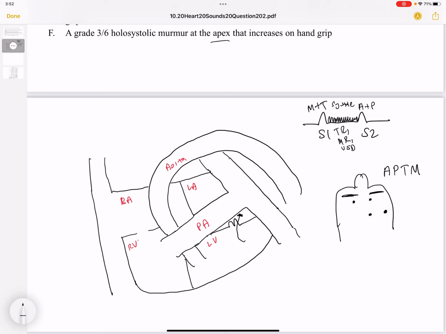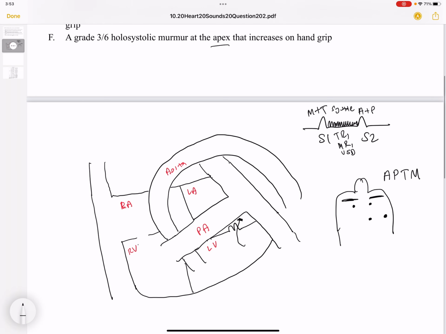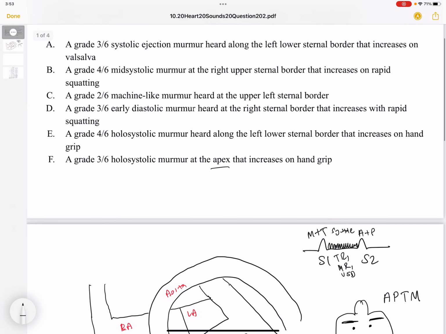If we have more blood within the left ventricle, there's going to be a higher potential of blood backflowing into the left atrium if there's a problem with the mitral valve. That will ultimately result in a worsening of the murmur. So answer choice F is talking about mitral regurgitation.